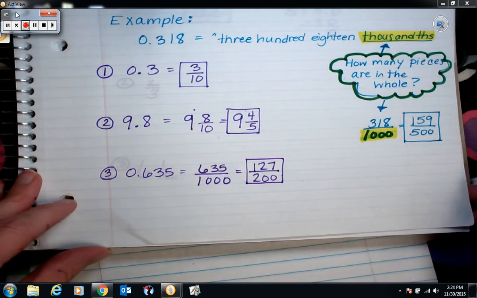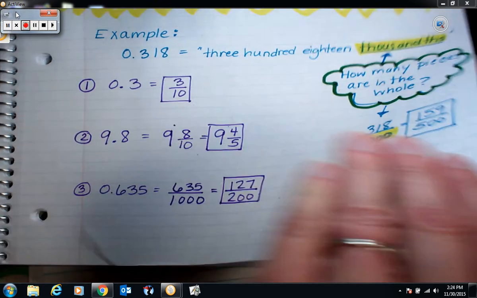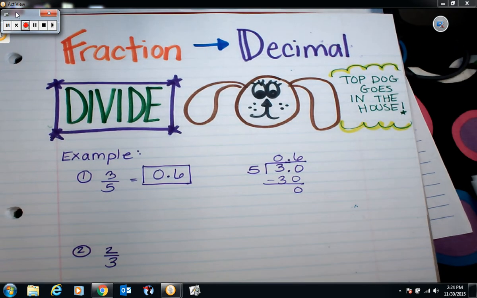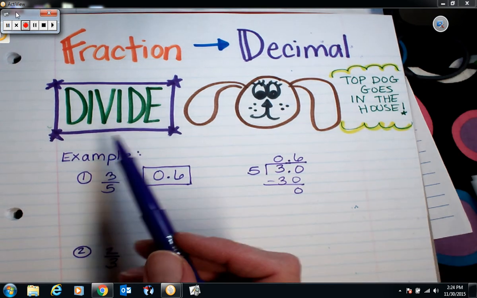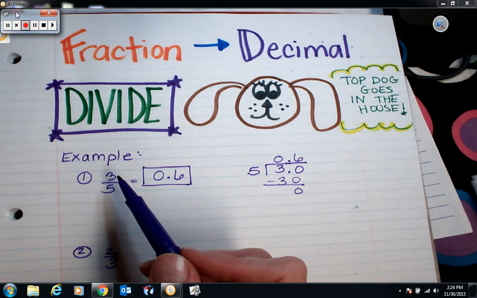All right, so let's go and look at changing fractions to decimals. We've already talked a little bit today about converting a fraction to a decimal. Our biggest rule we want to remember is that we're going to divide. This fraction bar actually means the operation to divide.